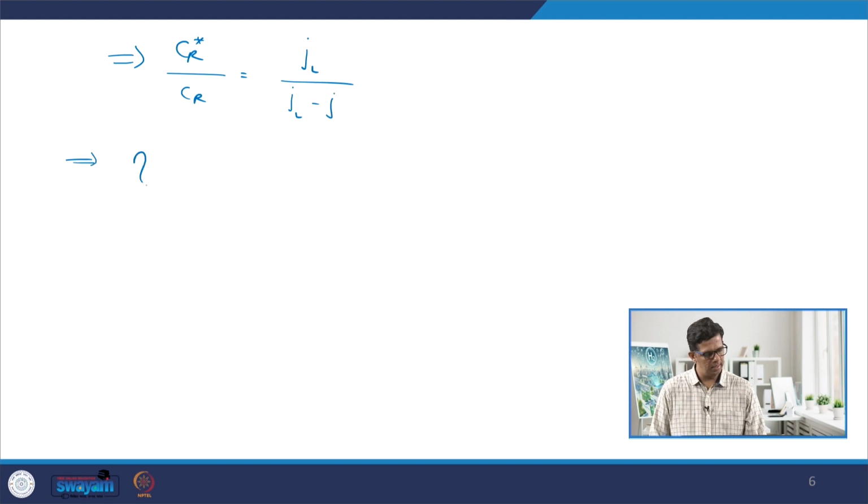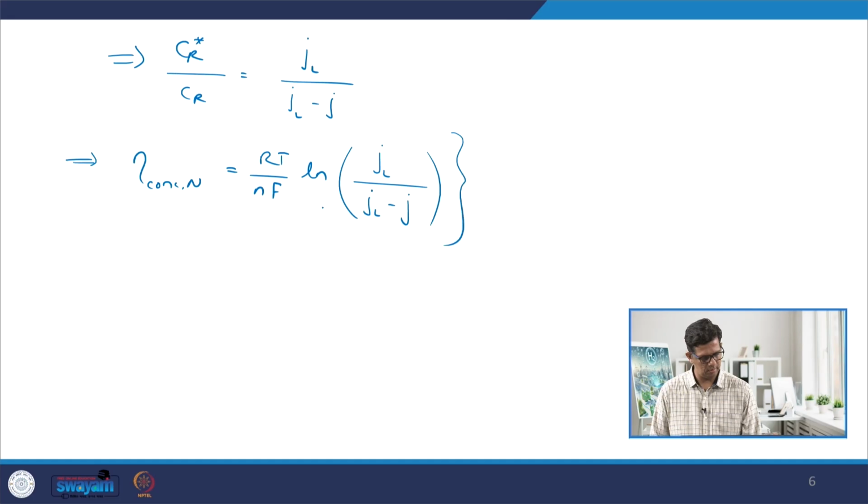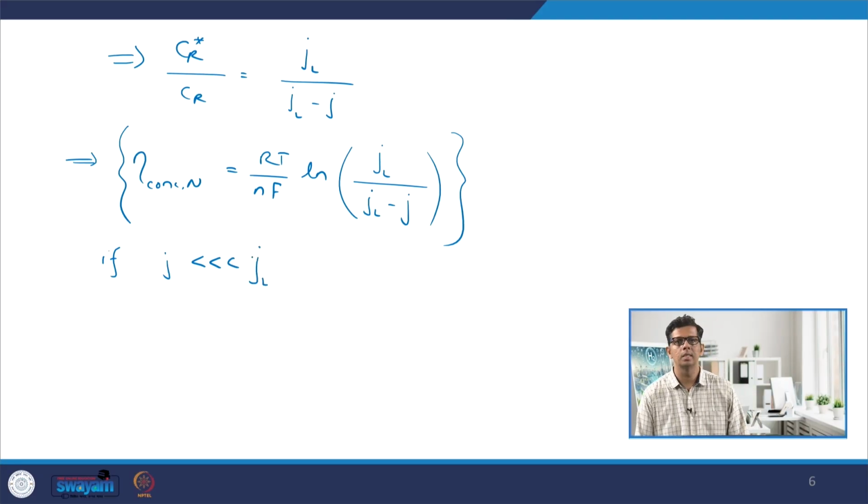So that implies the eta concentration due to the Nernst potential is equal to RT by NF ln Z L by Z L minus J. So if J is very much less than Z L, which is the limiting current density, this eta concentration due to the Nernst potential will be very small.